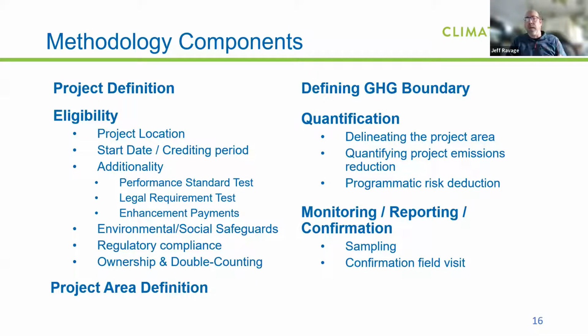All the credits, when you create them, there's going to be what's called a buffer pool. It's insurance. So say I produce 1,000 offset tons on my project. I'm only going to be able to monetize 80% of it, say. The other goes into a buffer pool, which is basically insurance in case of reversal.